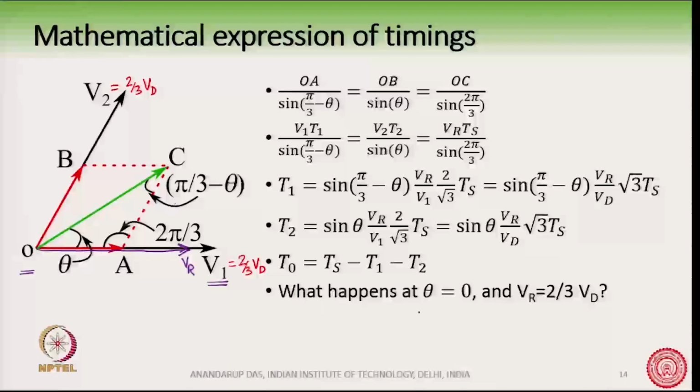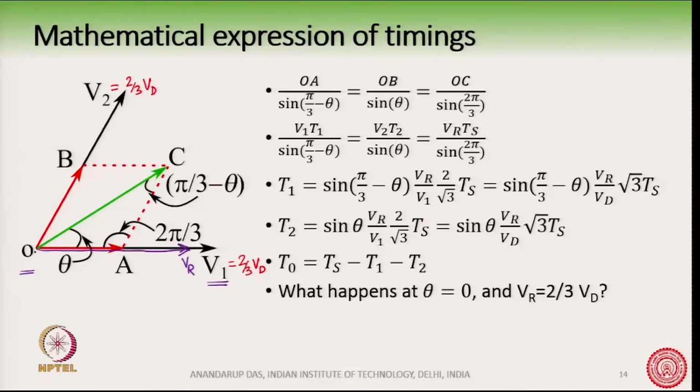So, it is also seen from the equation that at theta equal to 0, T2 becomes 0. So, we should not give any weightage to V2 vector, and so in order to realize this VR, we should switch V1 vector for a large duration of time, but for a certain small duration of time, as we see from the length of the VR, we should switch the 0 vector.